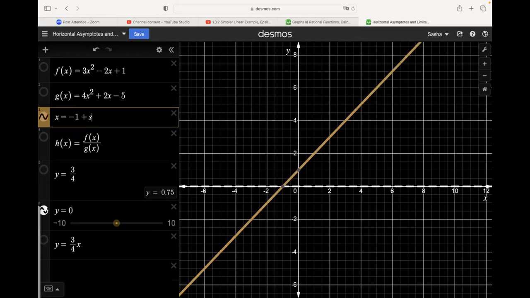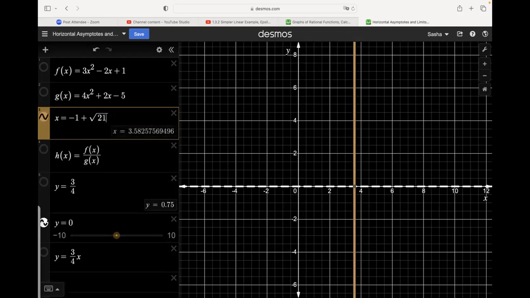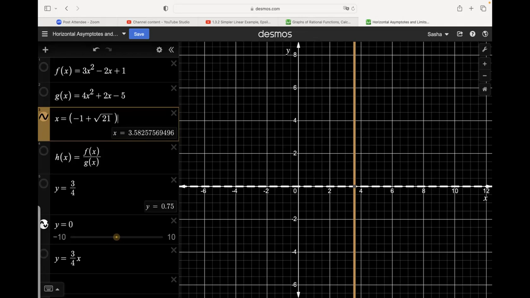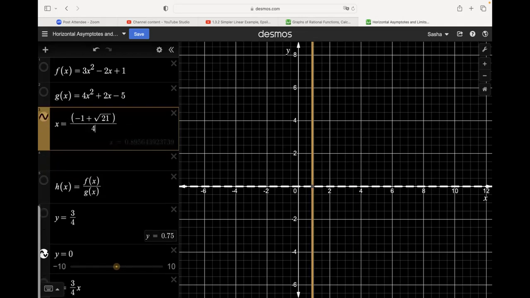Sorry, I'm trying to graph those. Vertical asymptotes again for this example.